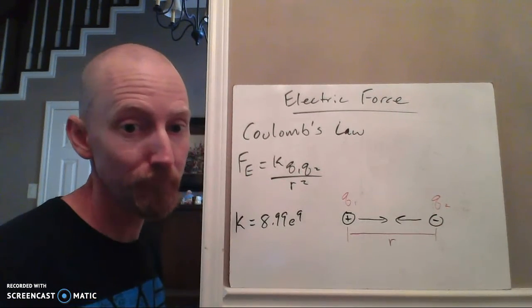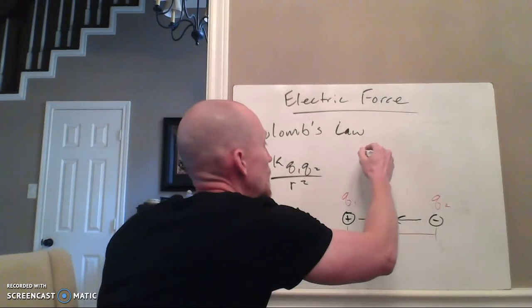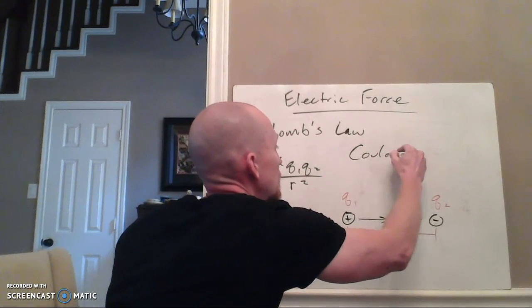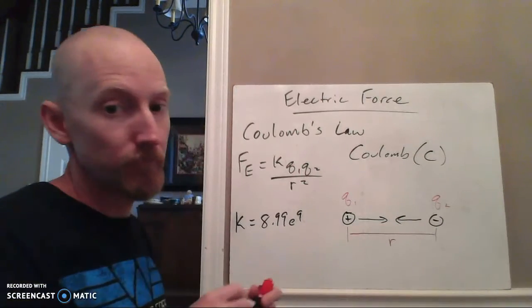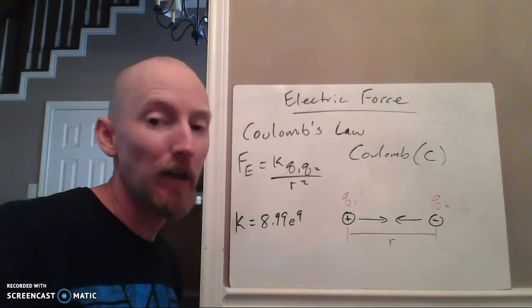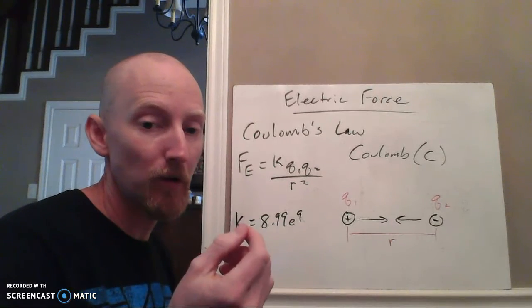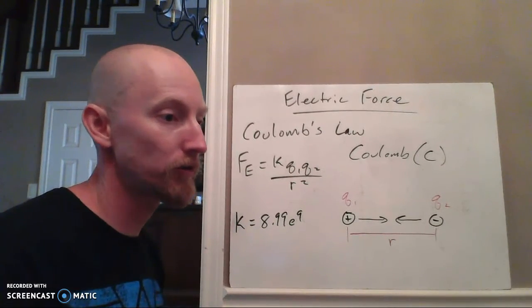Now, the unit of electric charge is called the Coulomb. We don't normally use coulombs, we use micro or we use nano. We usually use something small, but that's the unit for electric charge.